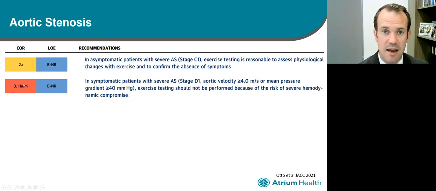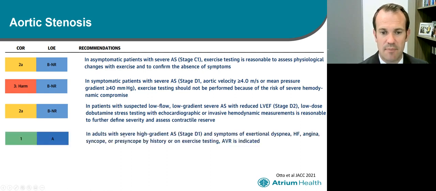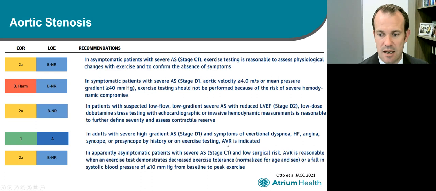If the patient has symptomatic severe aortic stenosis, we should not stress them. If they have low flow, low gradient AS, we should consider a dobutamine stress echocardiogram. For adults who have severe high gradient AS and symptoms either at rest or with stress testing, then an AVR is indicated.